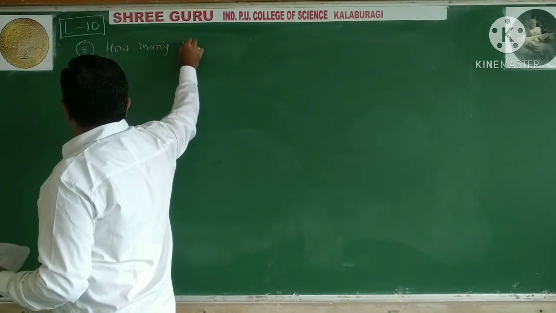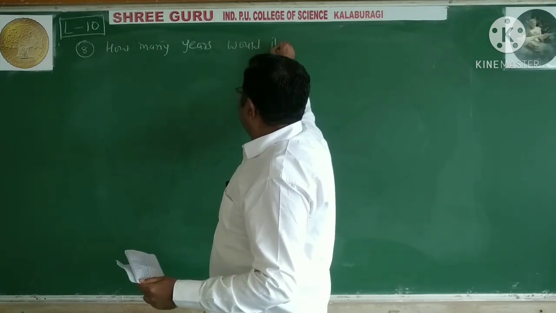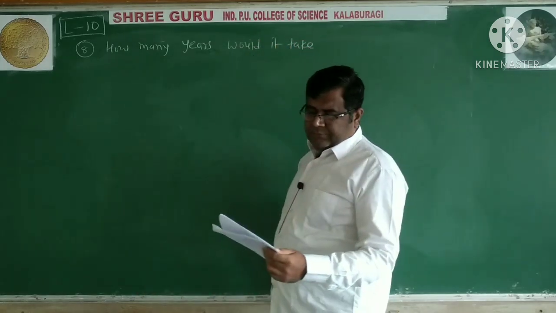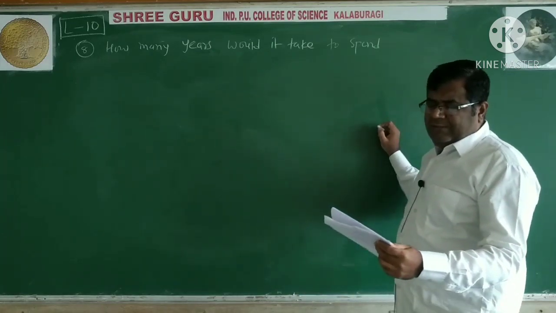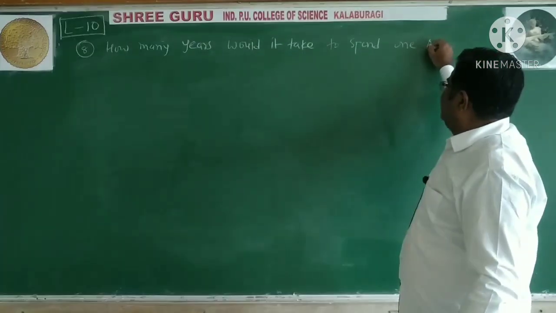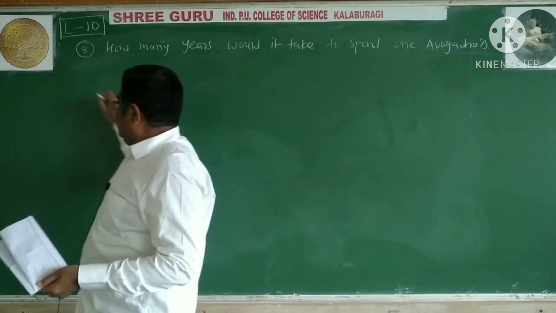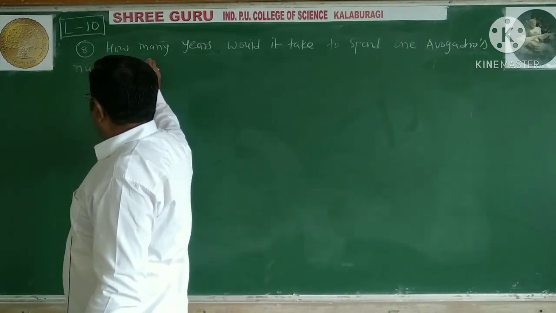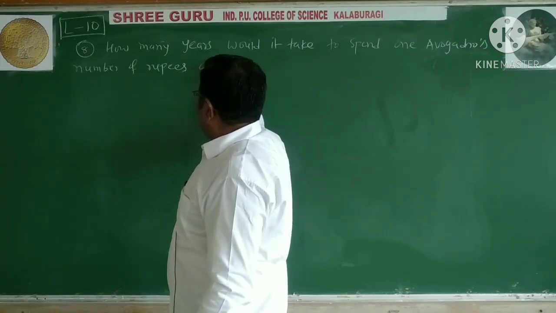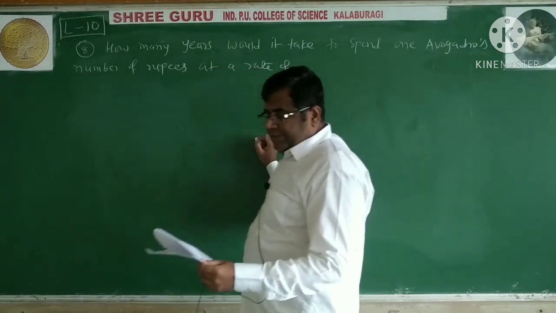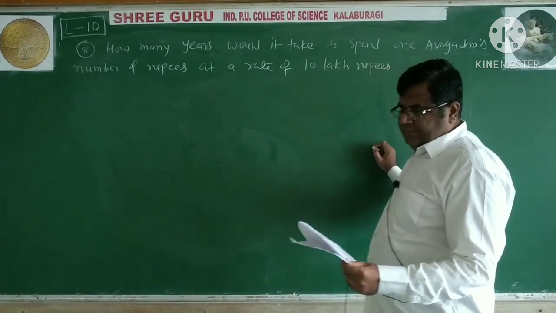How many years would it take to spend 1 Avogadro's number of rupees at a rate of 10 lakh rupees in 1 second?